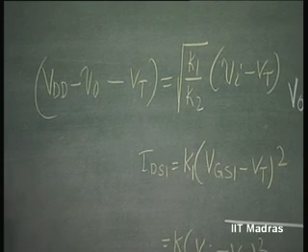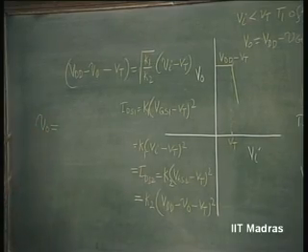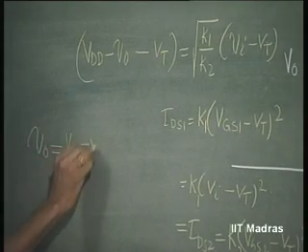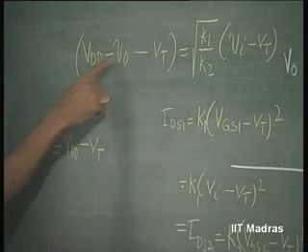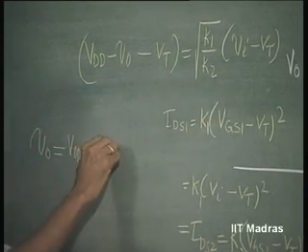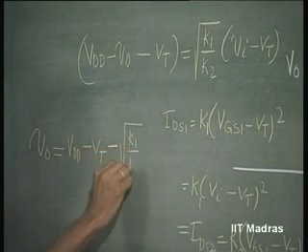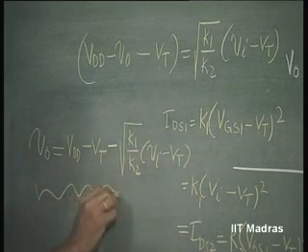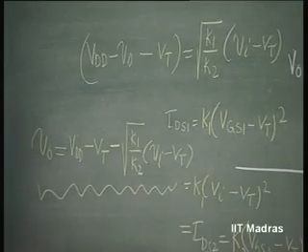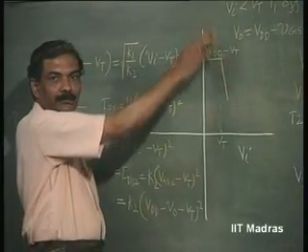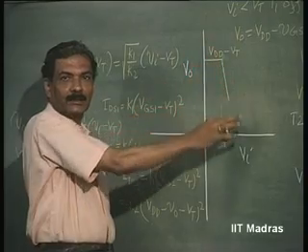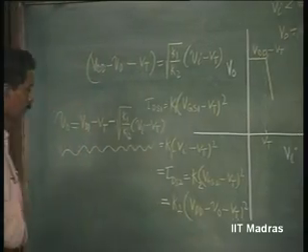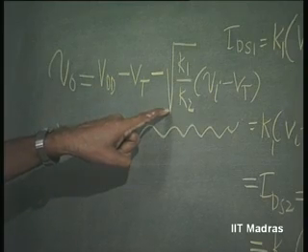Or V naught therefore is equal to, you just take V naught onto that side, VDD minus Vt minus root of K1 by K2 Vi. So, if you plot this, the slope is negative, indicating that it is inverting. And the magnitude of slope depends upon what? Root of K1 by K2.